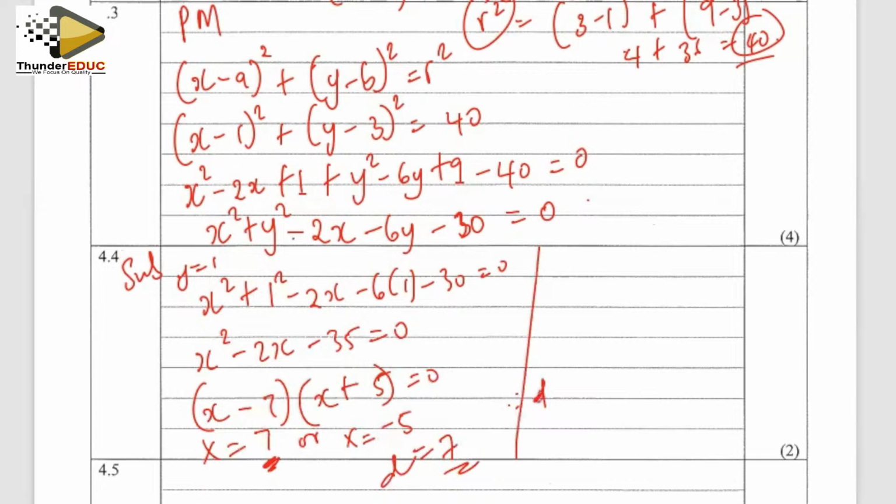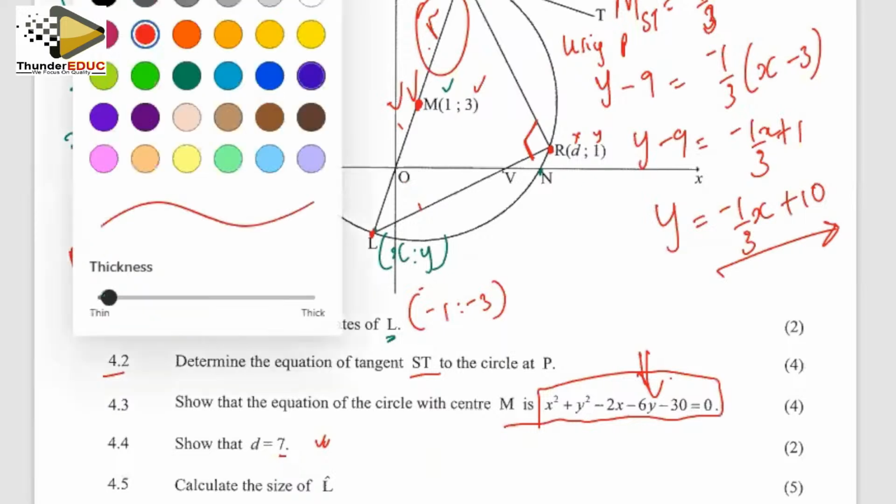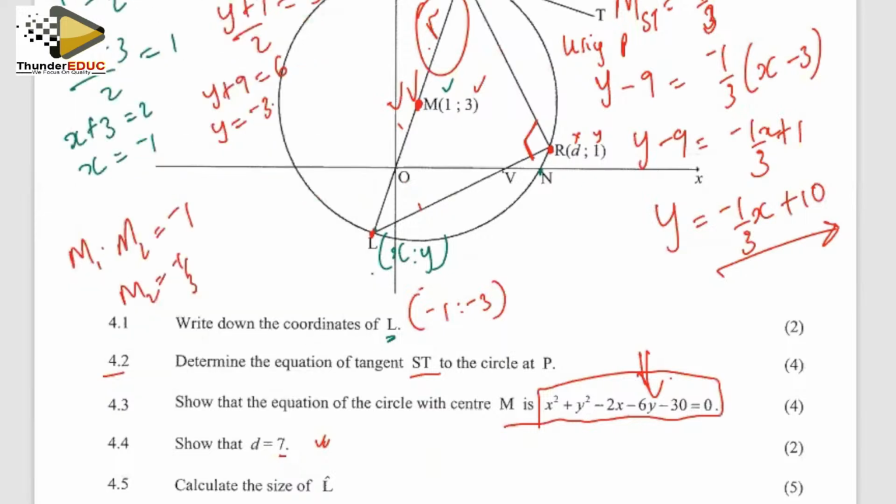For people that were using the gradient, how are we going to go about that? Let's use something else here. Okay. So we're saying 1 minus minus 3 over D minus minus 1 multiplied by 9 minus 1 over 3 minus D should give us -1.